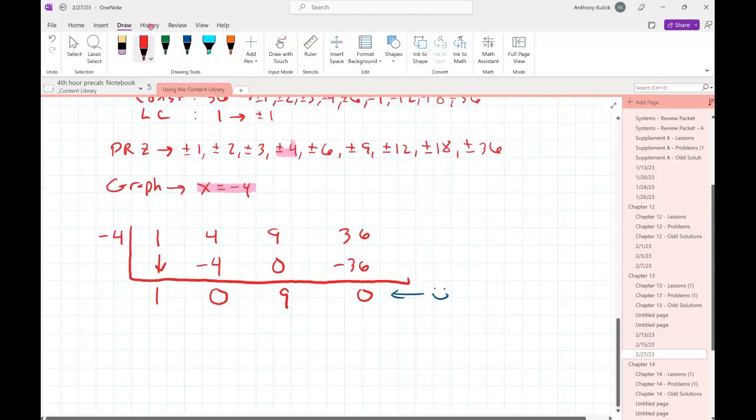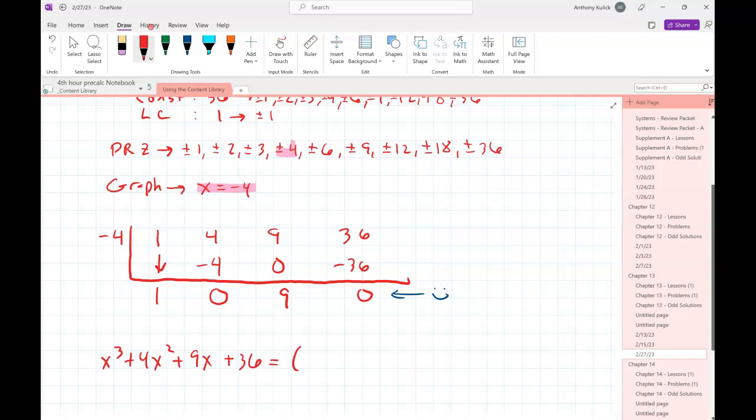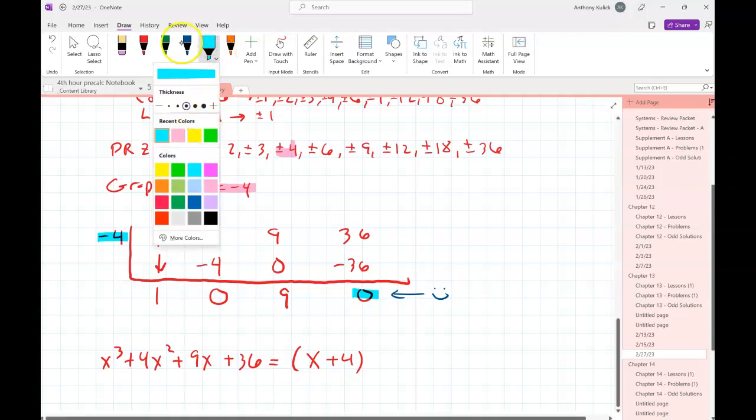So what we can say then is that our polynomial is going to factor to x plus 4 because -4 gave us remainder 0. So I know x plus 4 is a factor. And then what's the other factor?